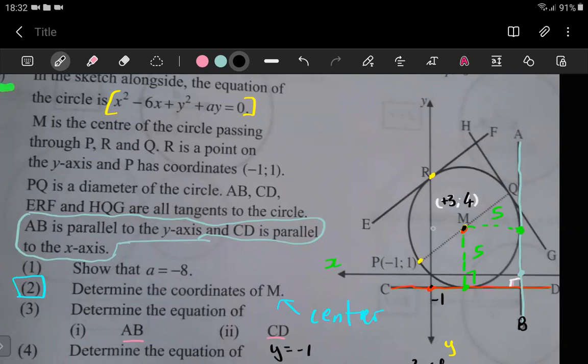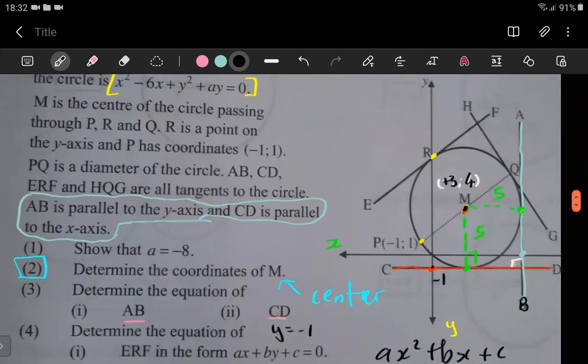Remember, from the y-axis it's 3 units and then 5 units. So the x value here is just 8. So the equation here is just x is equal to 8. That is going to be the equations of these two lines.